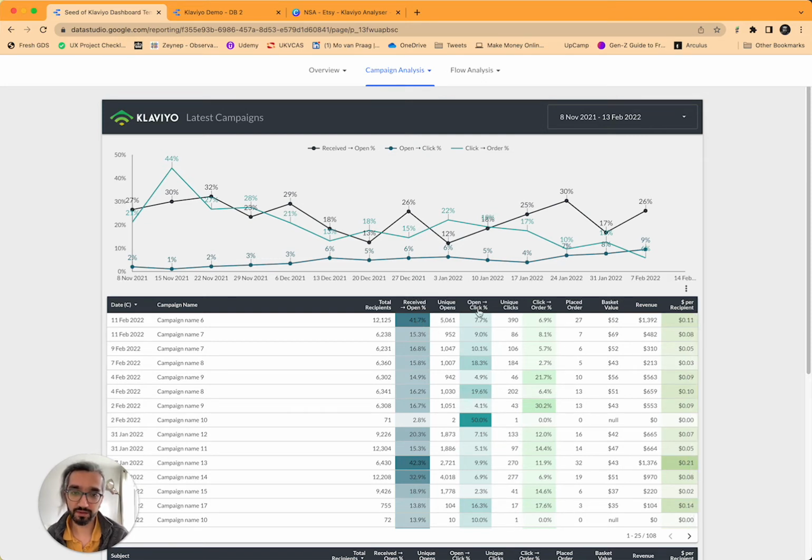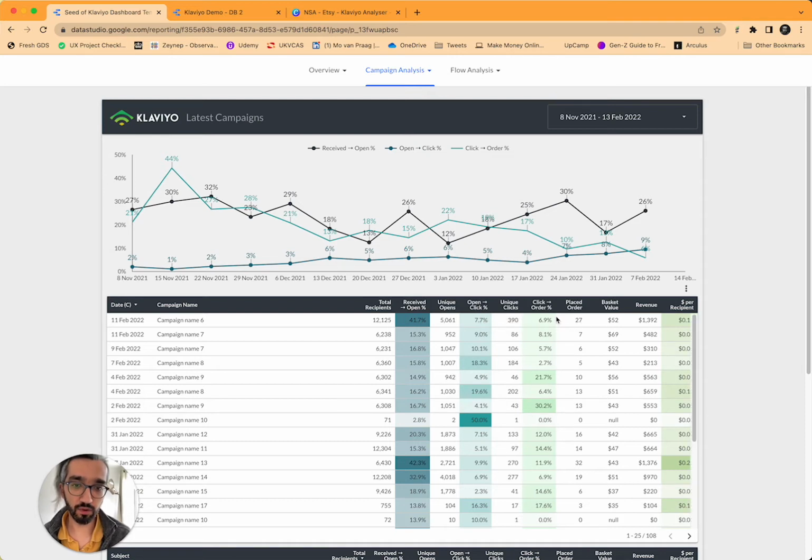Then the click-through rate, which means click divided by open, meaning what percentage of users who open your emails have clicked.